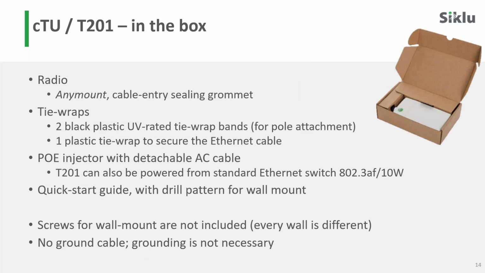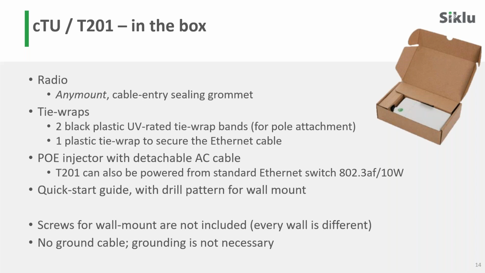If we look at what we have inside the box, we see here a very compact box for the compact TU. Obviously the radio is in, the mounting kit, as we saw, is attached already to the unit, and the ceiling grommet is already mounted into the drawer.